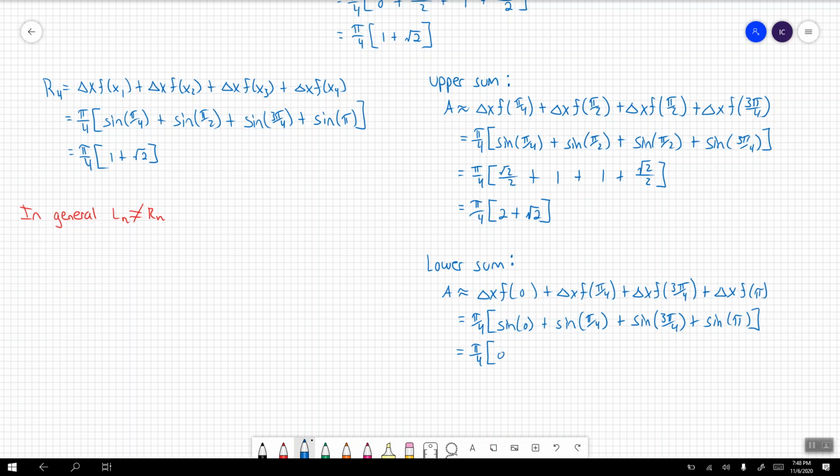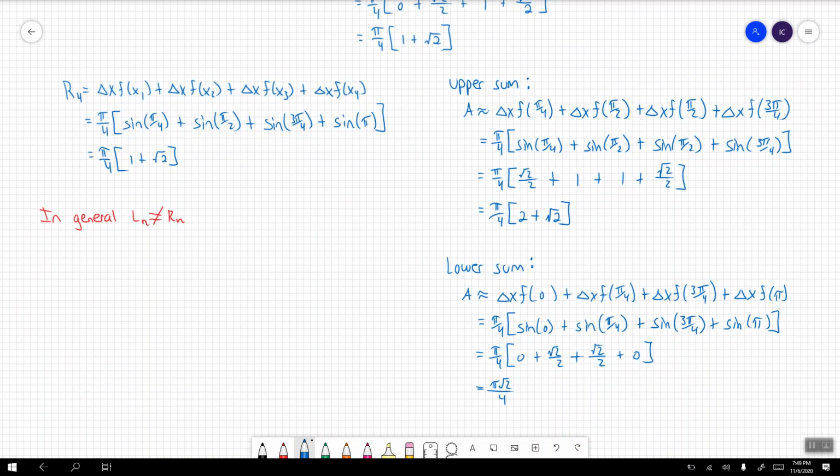Sine at 0, that's 0. Sine at pi fourths, that's root 2 over 2. Sine at 3 pi fourths, that's root 2 over 2. Sine at pi, that's 0. Which means this lower sum is approximated by pi root 2 over 4.